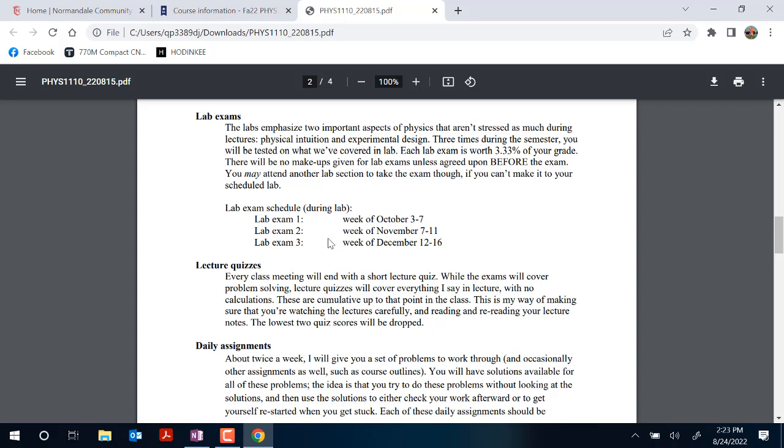And for the labs, I take attendance at the labs, but the grade for the lab is just based on these three lab exams that I'm going to give, that are just kind of going to ask you to answer questions similar to what you've been asked in the labs.